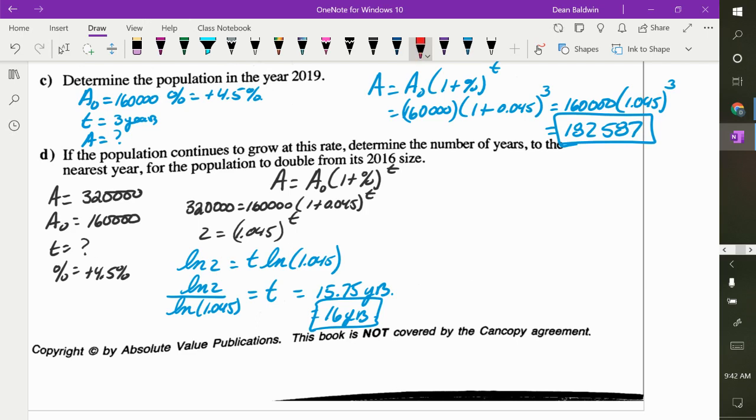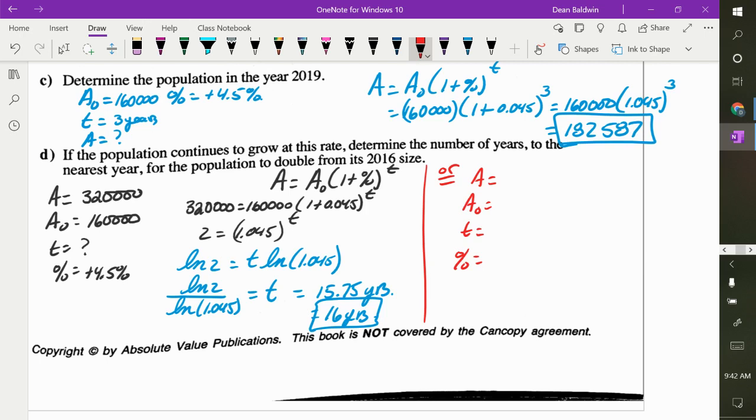Now, you don't have to write this down, but here's the other way to do it, because you will get questions that don't give you the initial amount. If they don't give you the initial or the final amount, you can still do it if they say, how long does it take to double.